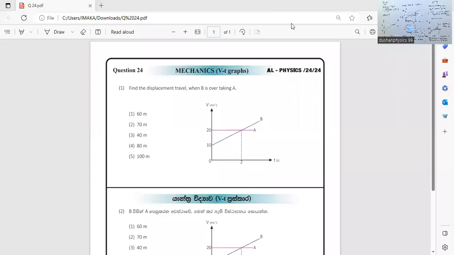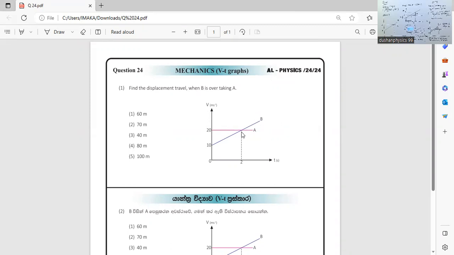Question number 24. As you can see in the figure, there is a VT graph. The specialty of this question is that two particles are moving simultaneously. A is moving at a constant velocity of 20 meters per second, and B starts from 10 meters per second and accelerates like this.